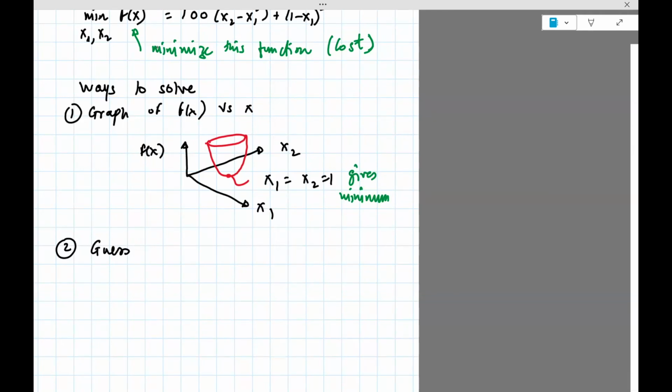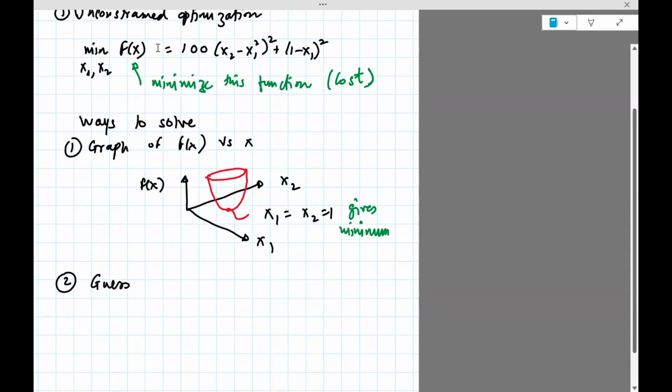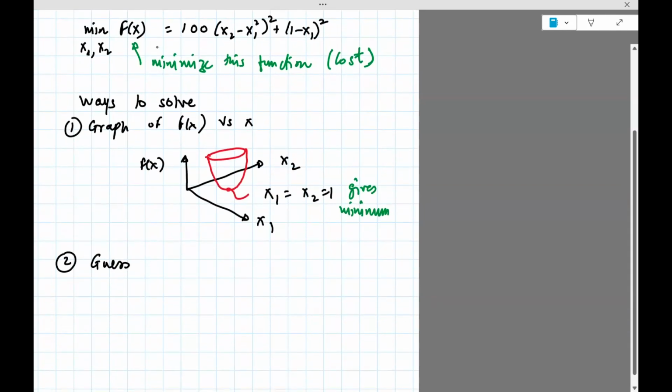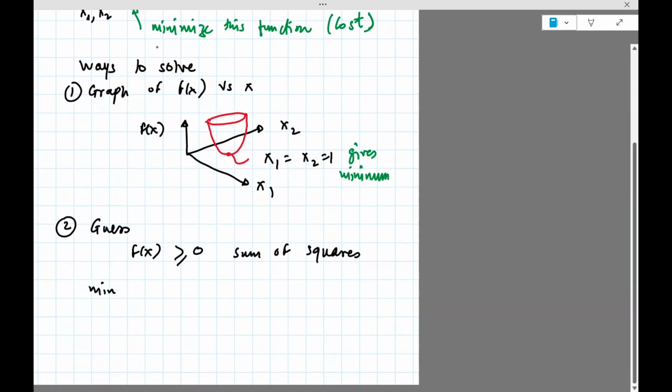Here it turns out there's something nice about f of x. F of x is always greater than 0. It's a sum of squares, as you can see. So the minimum value of f of x is probably f of x equals 0, right?